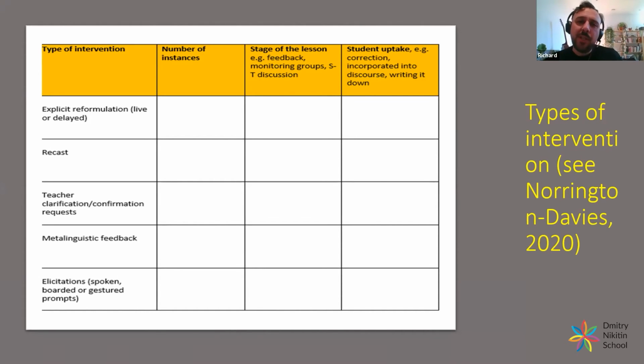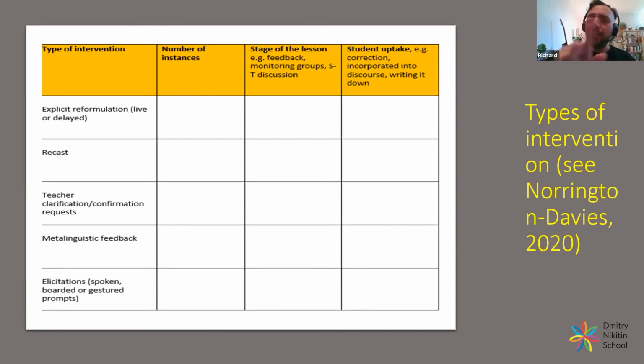So what we can do as teachers, you can use this very simple tally sheet for when you're teaching. You could video yourself. It's really easy to do on Zoom now these days if you're teaching on Zoom. And you can note down the number of instances of each of these things happening in your lesson. You can look at where in the lesson do these things happen.